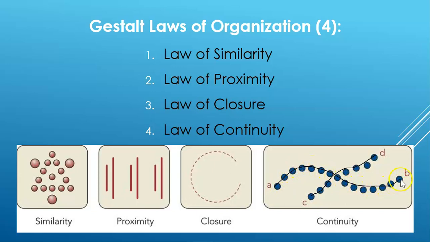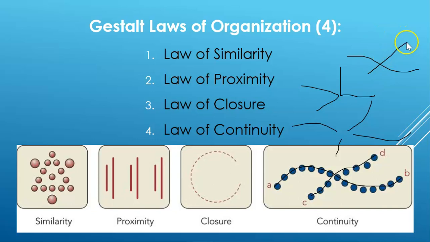You can see how I'm using the law of continuity, but the law of continuity is saying that instead of seeing 4 separate lines, so there'd be that's A, and then we've got D and B and C, are there 4 lines, or is there a line that goes like that, and then another one that goes like that? That doesn't really make sense. So the law of continuity is saying that that's a line, and then the second line goes like that.